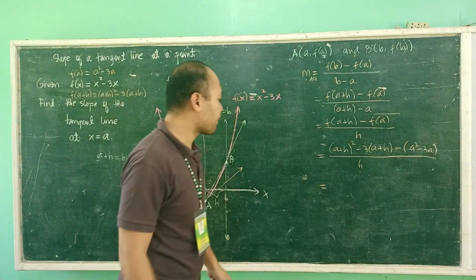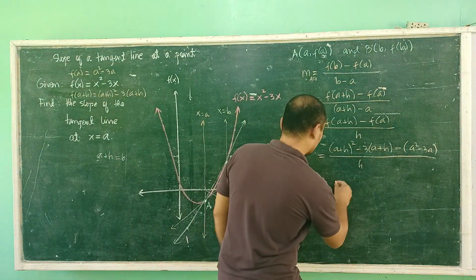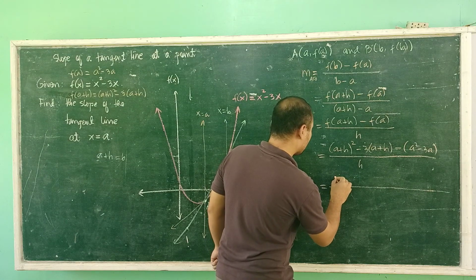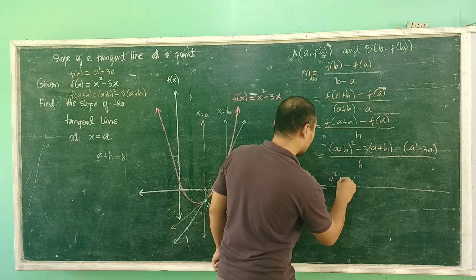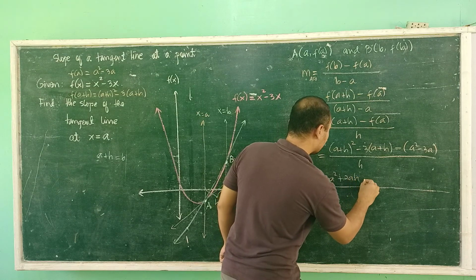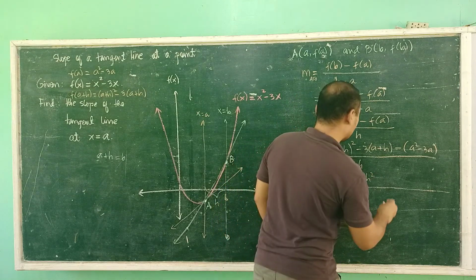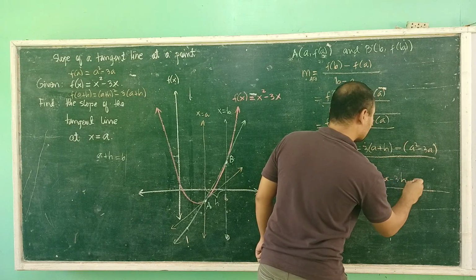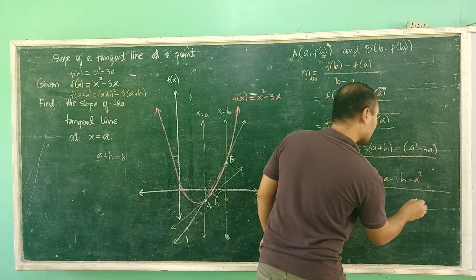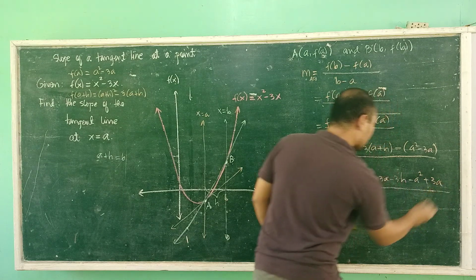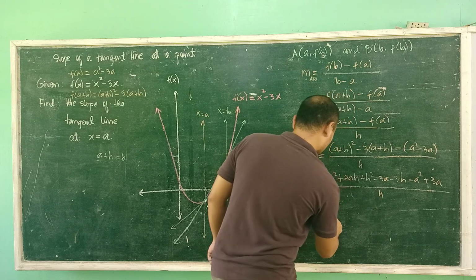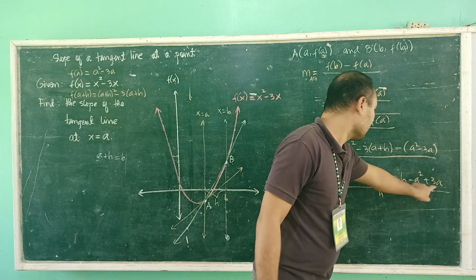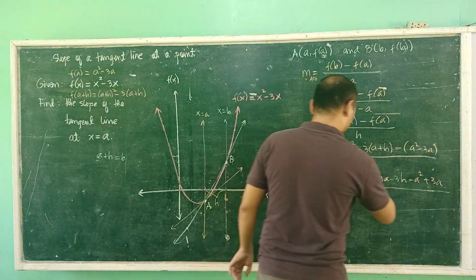So that is equal to, of course, you can simplify it, or you can expand the expression. A plus h squared is A squared plus 2Ah plus h squared, minus 3A minus 3h, minus A squared plus 3A, all over h. So listen, A squared minus A squared is 0, minus 3A plus 3A is 0.